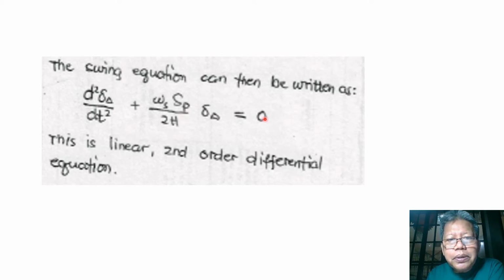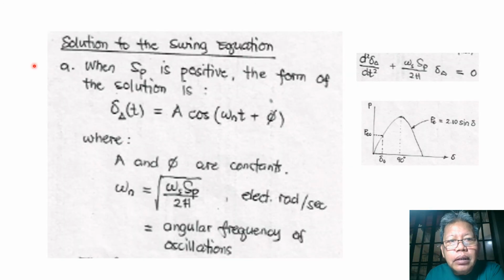So now we are going to consider the solution to our swing equation, given by the second derivative of delta delta over dt squared plus omega s times SP over 2H delta delta equal to 0.